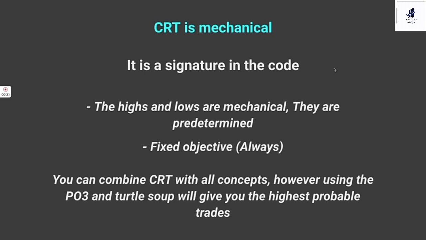It is a mechanical signature within the algorithm's code. The highs and lows are mechanical. They are all predetermined. Of every single week, every month, every day. Every candlestick's high and low is predetermined. There will always be a predetermined high and low and a predetermined objective, always a fixed objective.